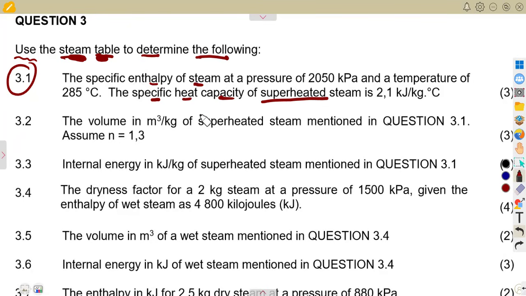And since we have the specific heat capacity, remember also when you're dealing with steam, when it is wet steam, they will mention that it's wet steam, 1.2, they will give you the dryness fraction, or they will give you a percentage of how wet it is. Take note: if they wanted you to calculate the specific enthalpy of wet steam, they are supposed to give you something that consists of the wet steam.